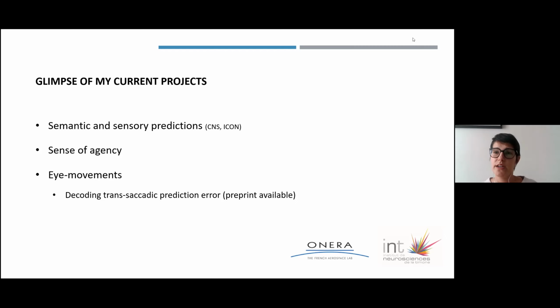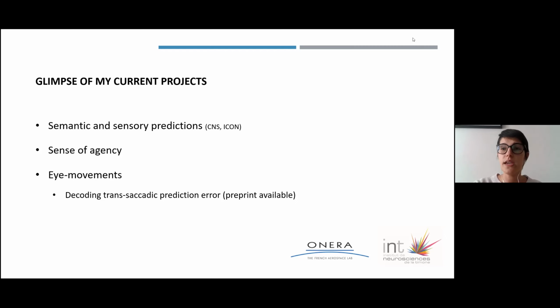One thing that we are doing at ONERA and INT as well is to understand a little bit more the sense of agency and how it impacts perception and sensory processing, whether you perceive better and have a better sensitivity, or if it just biases your perception towards your prior action.